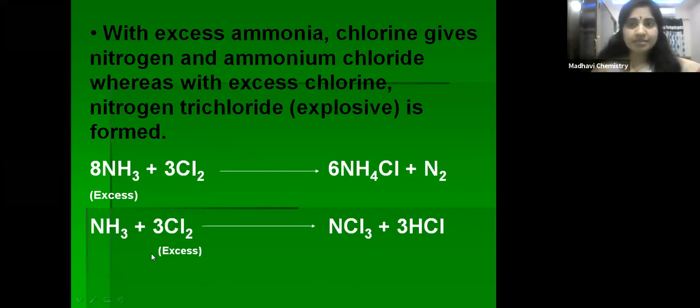Next, with excess of ammonia, chlorine gives nitrogen and ammonium chloride, whereas with excess chlorine, nitrogen trichloride is formed. See here, children, the difference. If we consider ammonia as excess, then we'll get ammonium chloride and nitrogen gas.